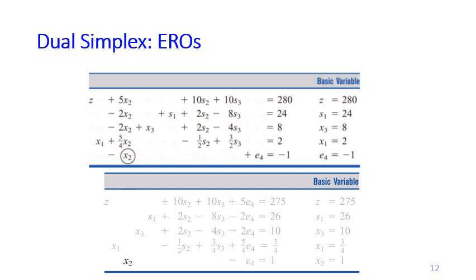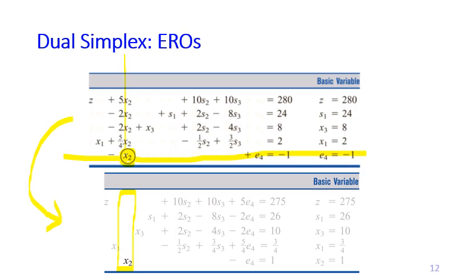In the case where we have more than one ratio, we pick the smallest among all the absolute values. Here we only have one ratio, so there's no other choice. We pick the intersection between the leaving variable and the entering variable as the pivot position, which means that we need to perform elementary row operations such that the coefficient at this position becomes 1, and in all other positions in that column, the coefficient becomes 0.